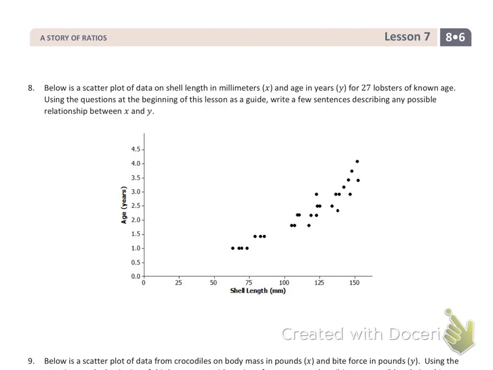There appears to be a relationship between shell length and age in years for lobsters, but it does not appear to be a linear relationship. But definitely as the shell length increases, the age increases as well. But it's not a linear increase. It accelerates here at the end. So it's not a constant rate of growth. Okay.